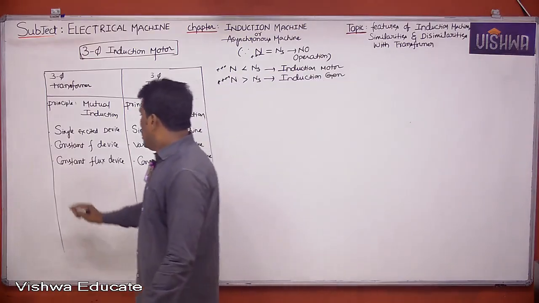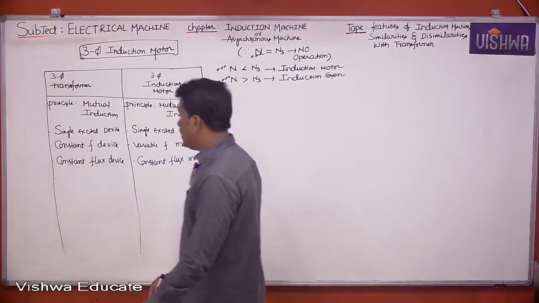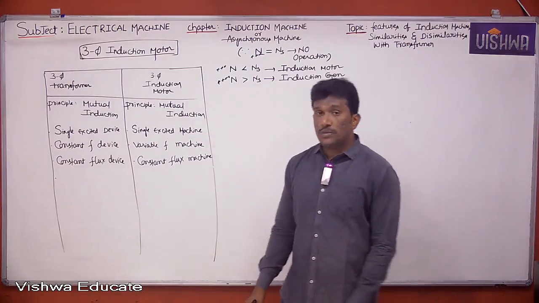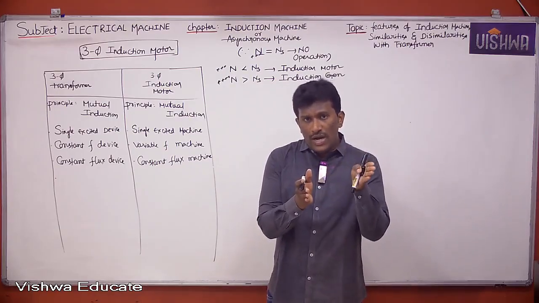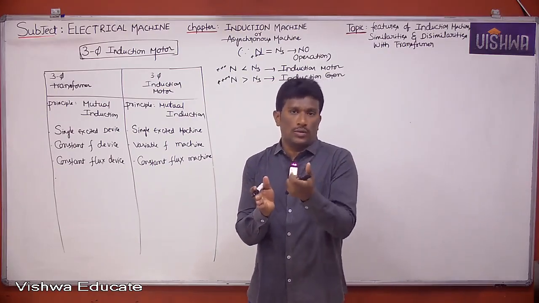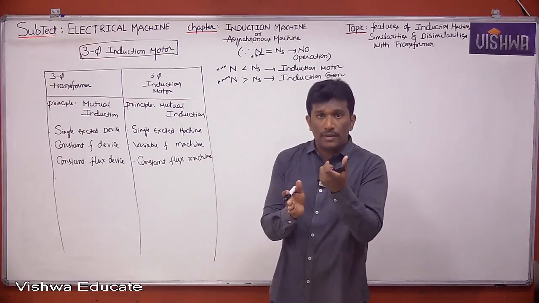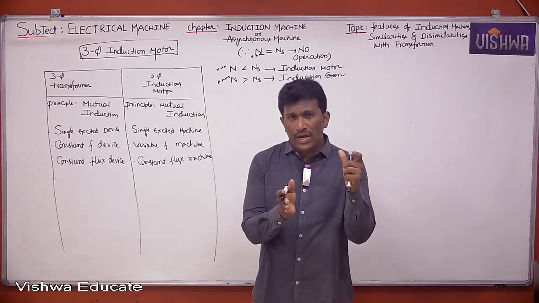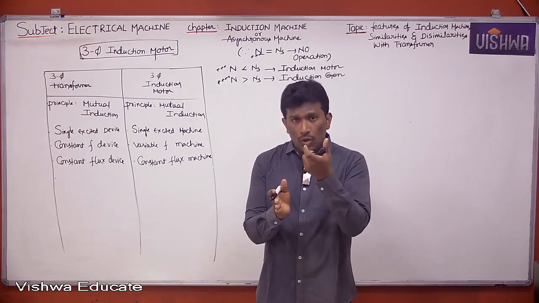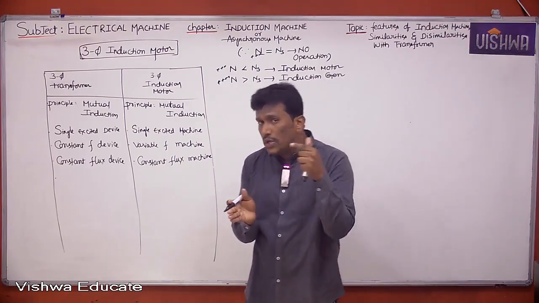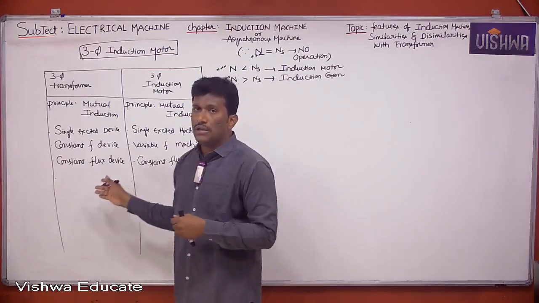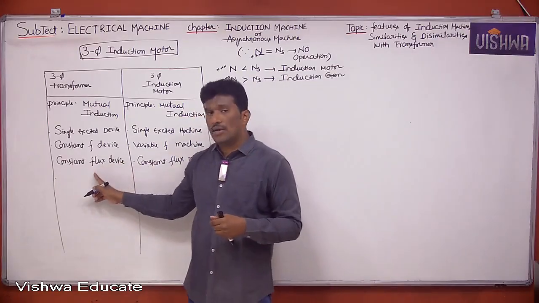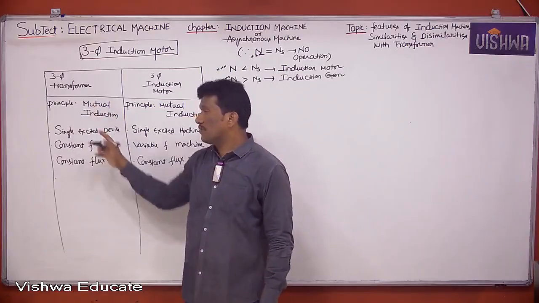Next, I told you in a transformer, between the primary winding and secondary winding, you are having a core. The core is made up of a magnetic material, so through that core only your flux is passing. Since the core is there, you will be having core losses in your transformer.